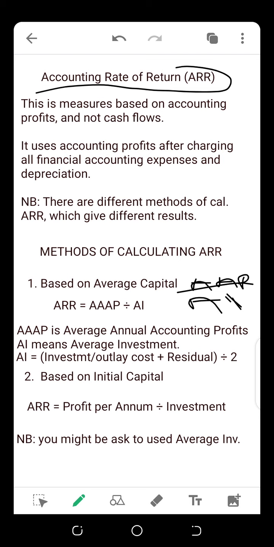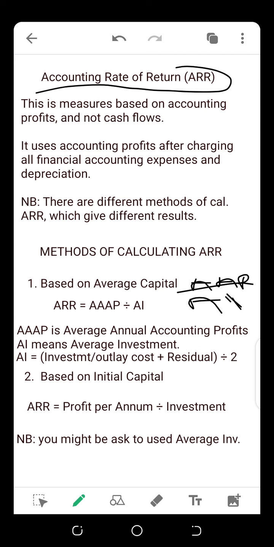Where AAP means average annual accounting profit, you have to ensure, even when the question does not give you annual profits, you calculate that yourself, which we will illustrate in subsequent slides. Then we have the average investment, which is AI.